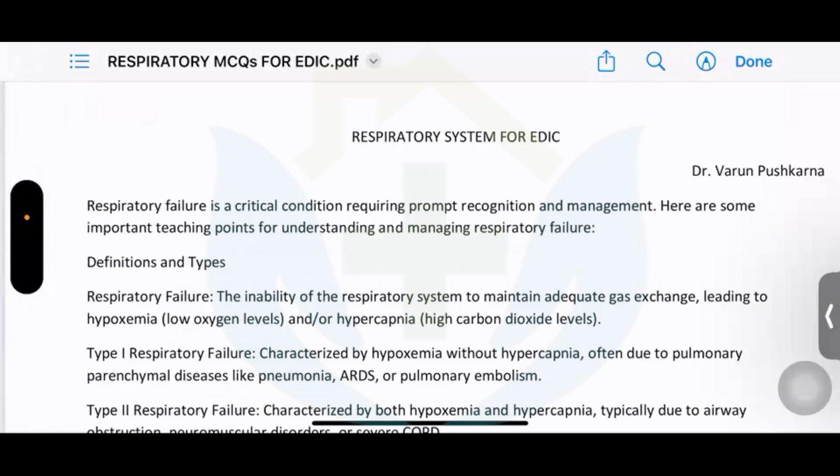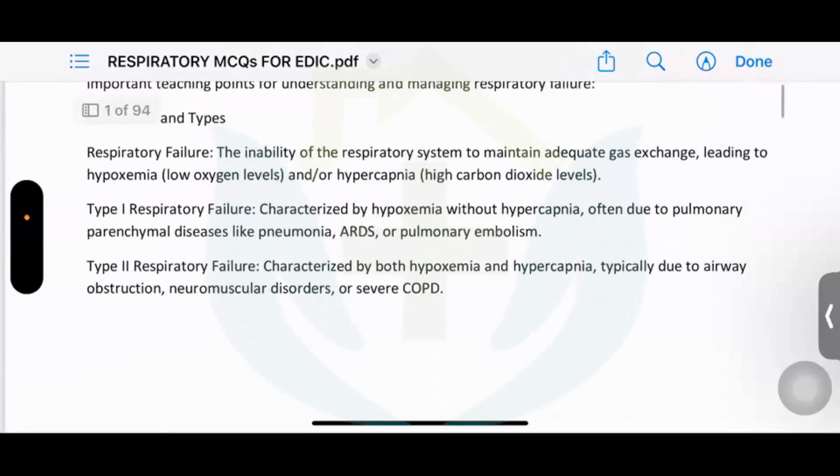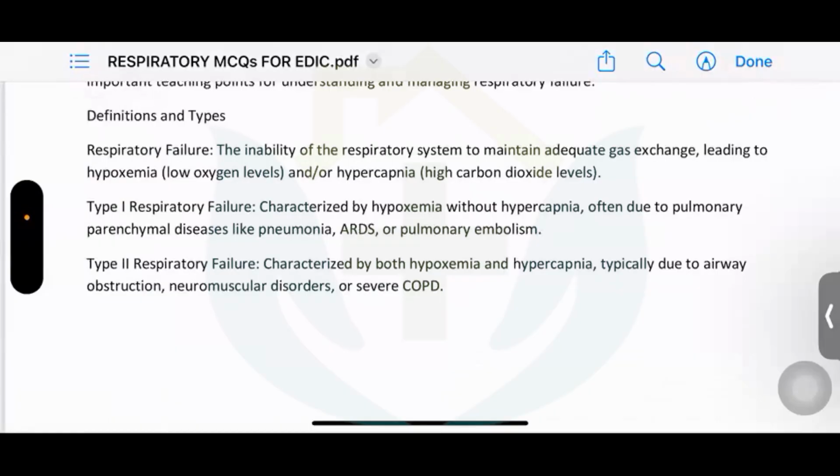A lot of work has been done on managing respiratory failure with the intensivists ever since the ICU concept began, and it was put to test during COVID times, and we now have much more insight into respiratory failure. It is a critical condition requiring very urgent recognition and fast management. Here are some points that we will discuss today.